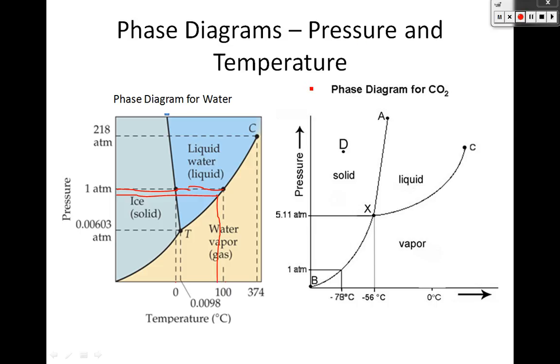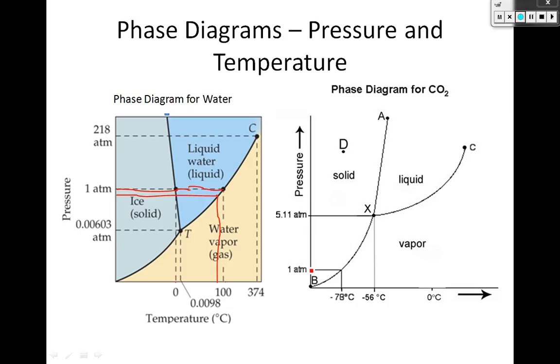Now this is a really interesting one, this phase diagram here. Same idea, and we see our same 3 categories. Here's our solid portion, here's our liquid portion, here's our vapor portion. But this is for carbon dioxide. Now remember, carbon dioxide is what we had in class. So here we've got 1 atmosphere.